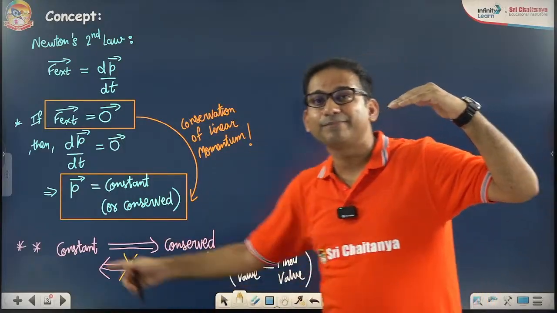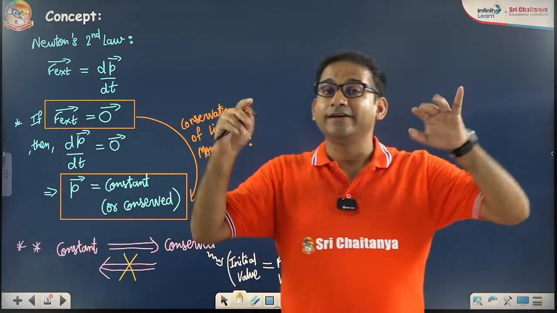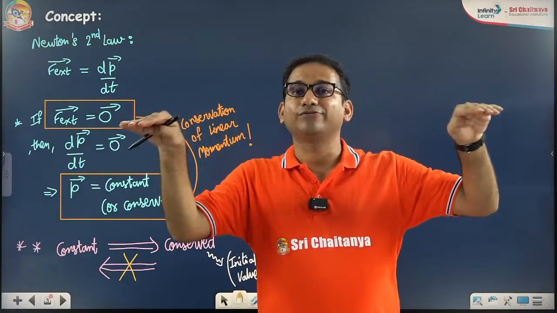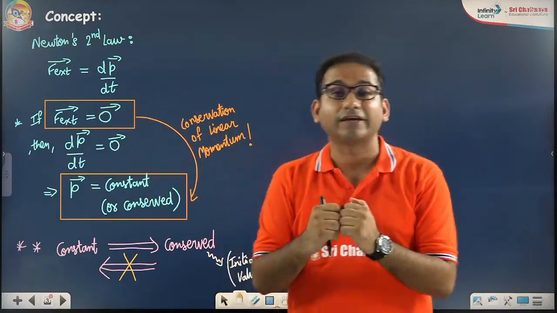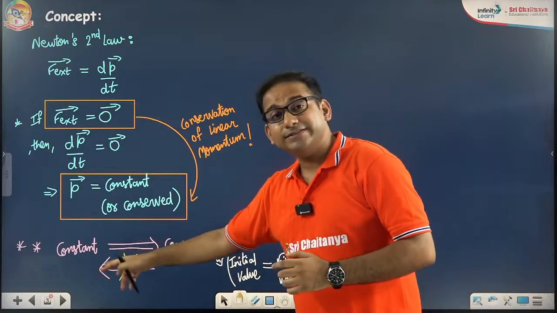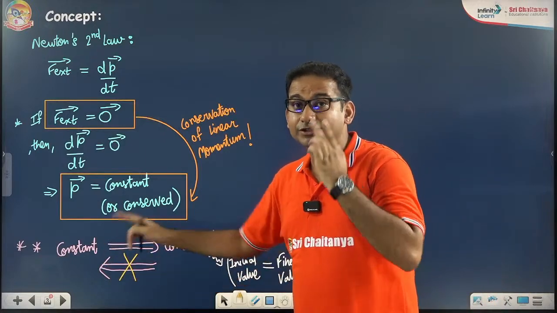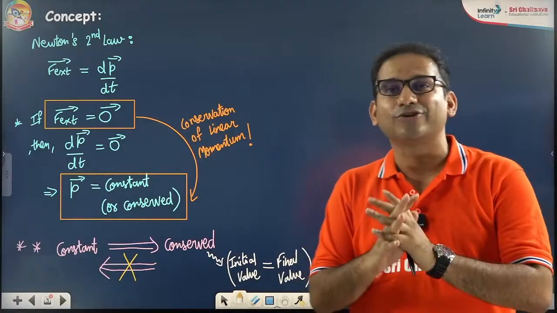So conservation doesn't imply being constant. But if it is constant throughout, then obviously its initial and final values are going to be the same. So constant means it is also conserved, but conservation doesn't imply that the physical quantity is constant.